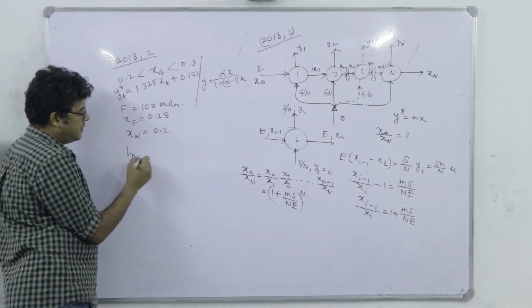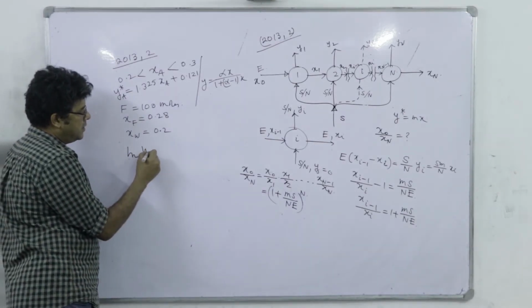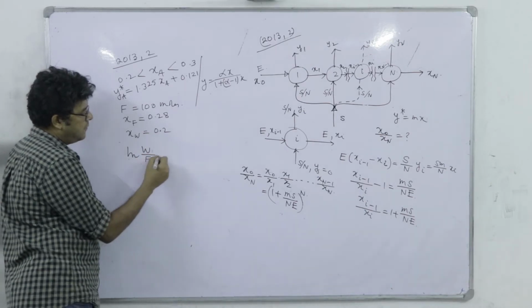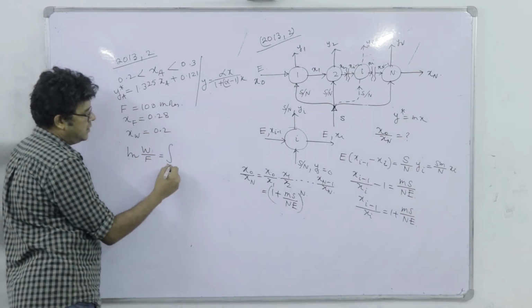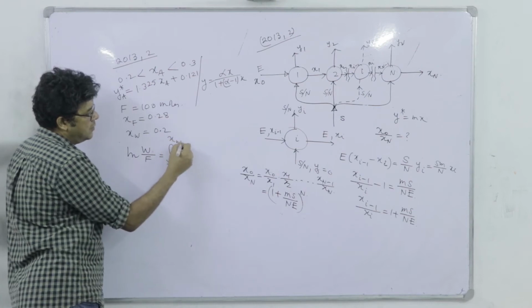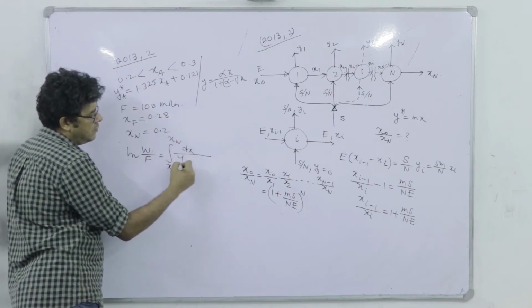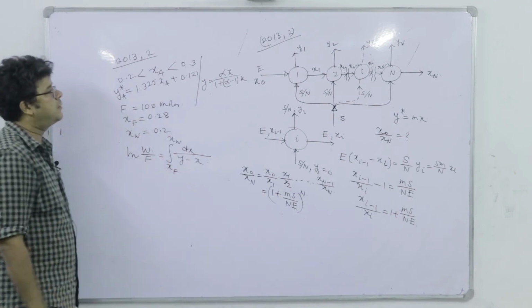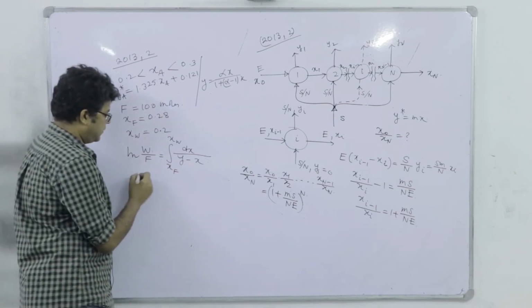We know the Raleigh's equation states that ln of W by F is equal to the integral from xf to xw of dx divided by y minus x. There is nothing in the problem, simply you have to substitute.